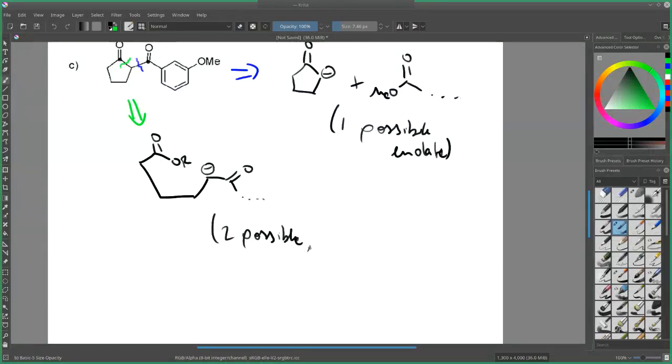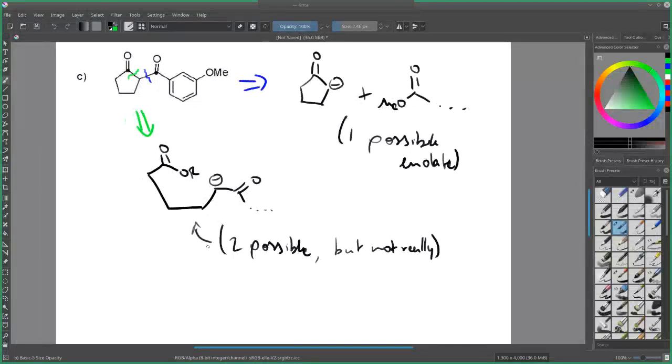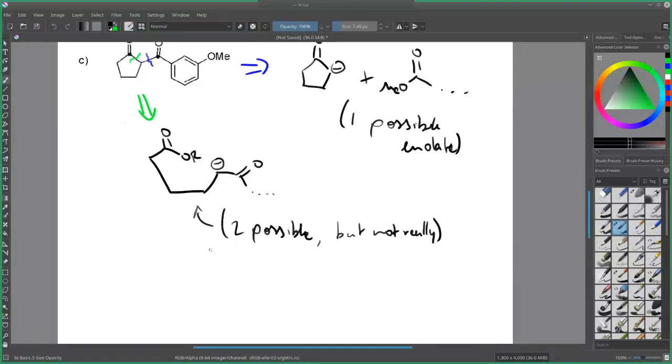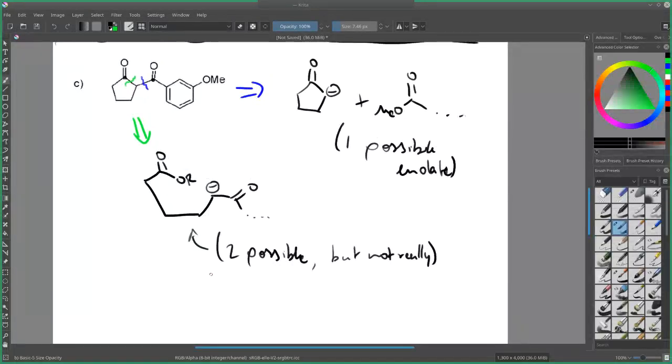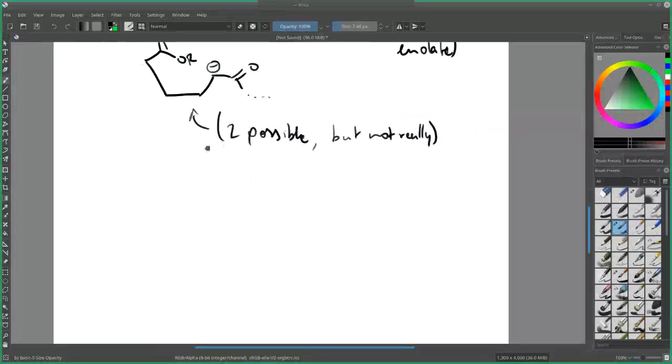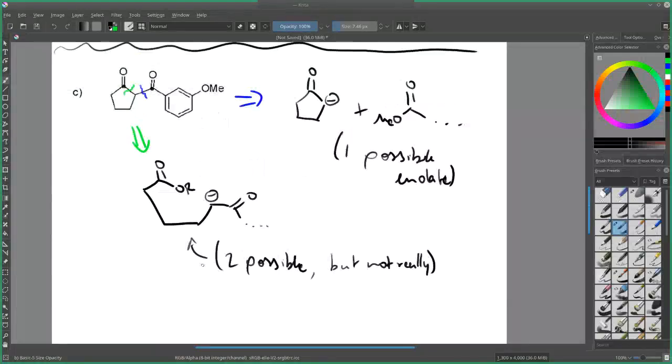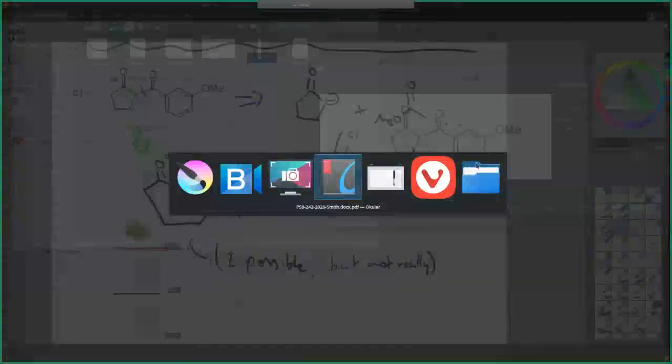So, not really, right? One of them will form way more often than the other. So this is a totally fair way of doing it. Either one I think is pretty fine in this case, either one should be able to work pretty well. Okay, let me take a screenshot of the next one.